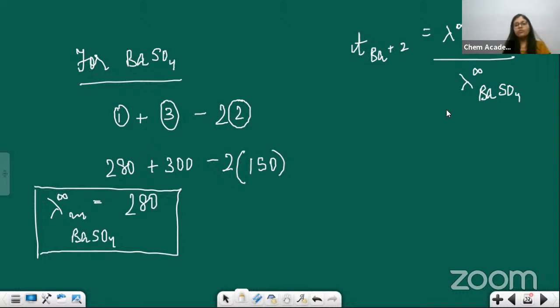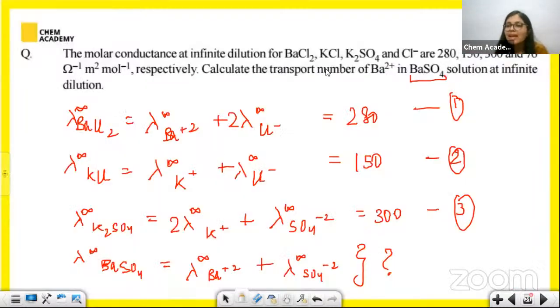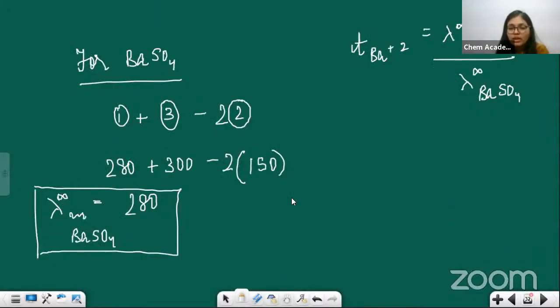Now, see here, we have been given the value of lambda m infinity of Cl minus, which is 76. So from this and this, we will calculate for Ba2 positive.